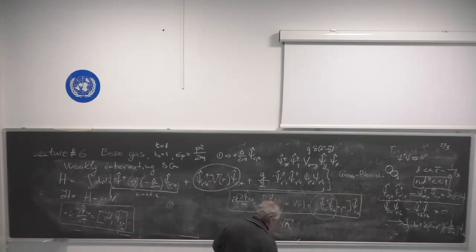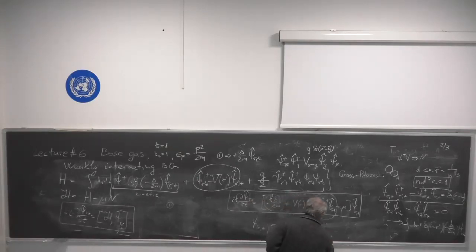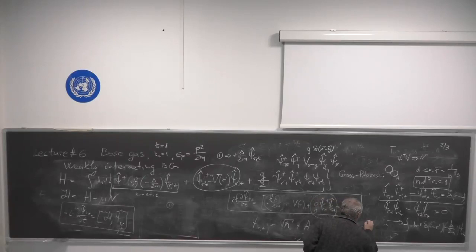Because psi dagger will be the same, square root of n node plus some coefficient a times exponent i(kr minus omega t) plus b prime e to the power minus i(kr minus omega t).